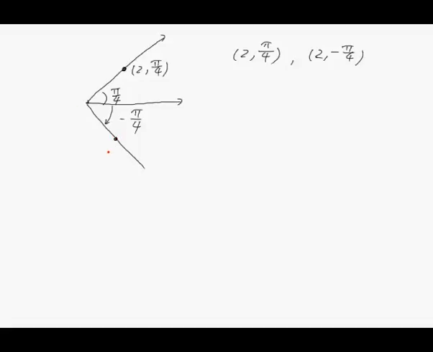And this is a point with the polar coordinates 2 and negative pi over 4. Now, how about negative 2 and pi over 4?